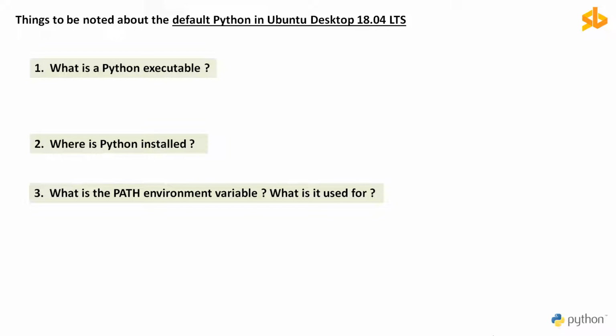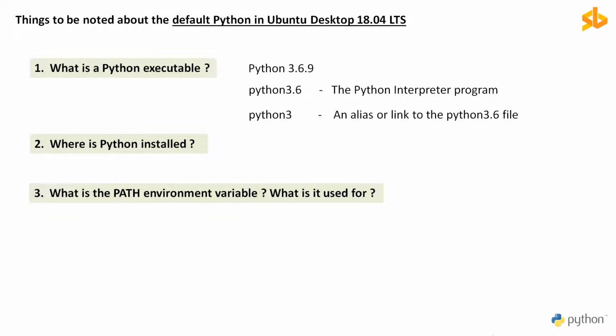Let's summarize what we have explored about the default Python installation that came with Ubuntu. Ubuntu Desktop 18.04 LTS comes with Python 3.6.9 pre-installed. python3.6 is the Python executable file which invokes the Python interpreter, and python3 is an alias to the same file.